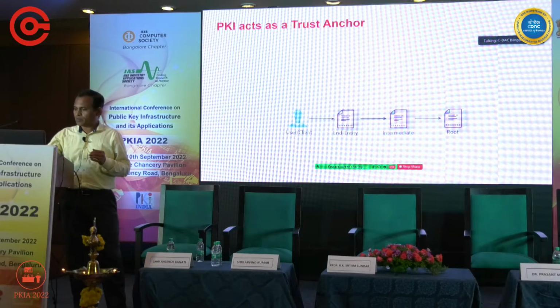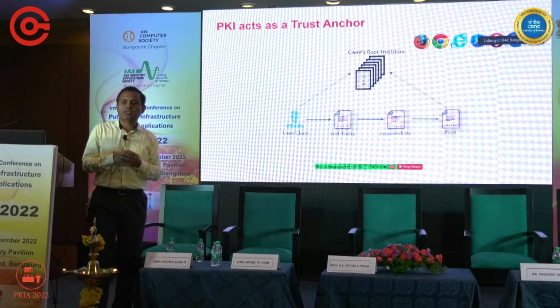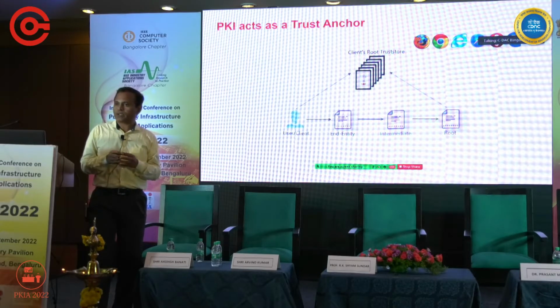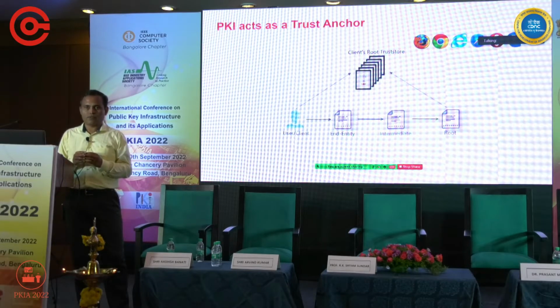If you open any of these browsers, you will see a set of root certificates. They come pre-built in retail machines, but private organizations may decide to change them. These are called root certificates.